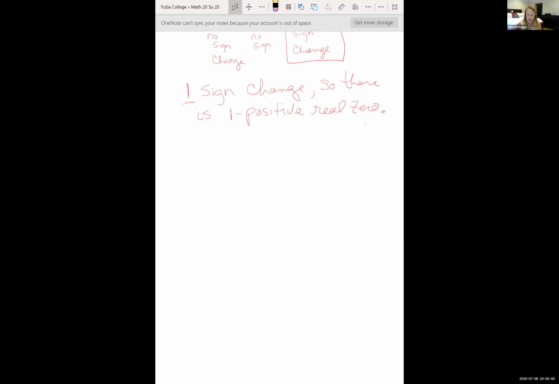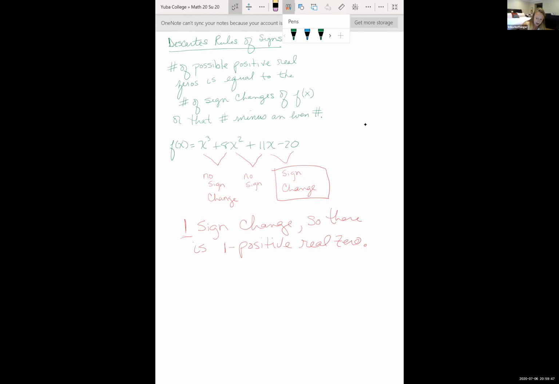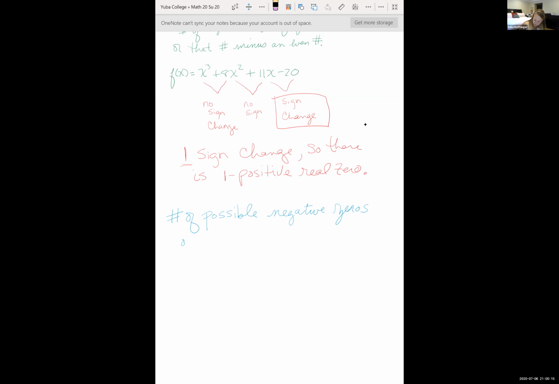And to figure out how many negative zeros there are, and this is just the possible number of zeros of a polynomial p of x or f of x, what you're going to want to do is look at plugging in the negative of that variable.